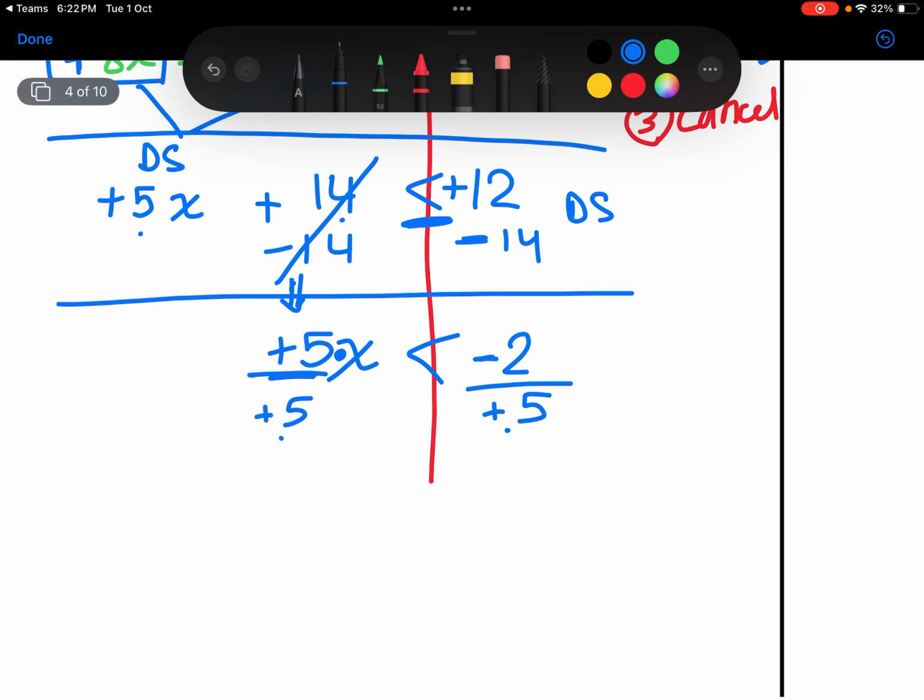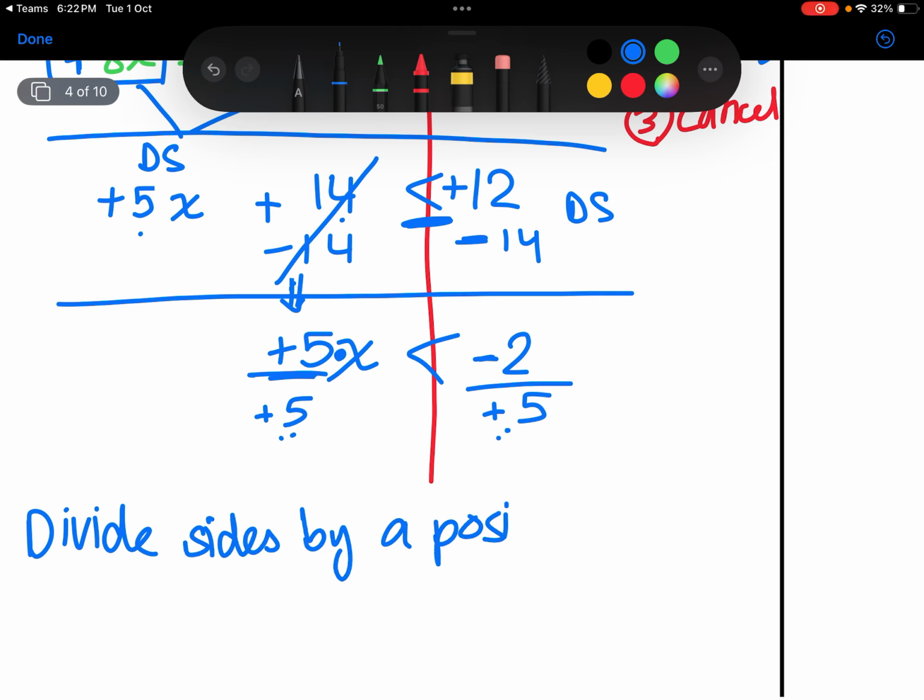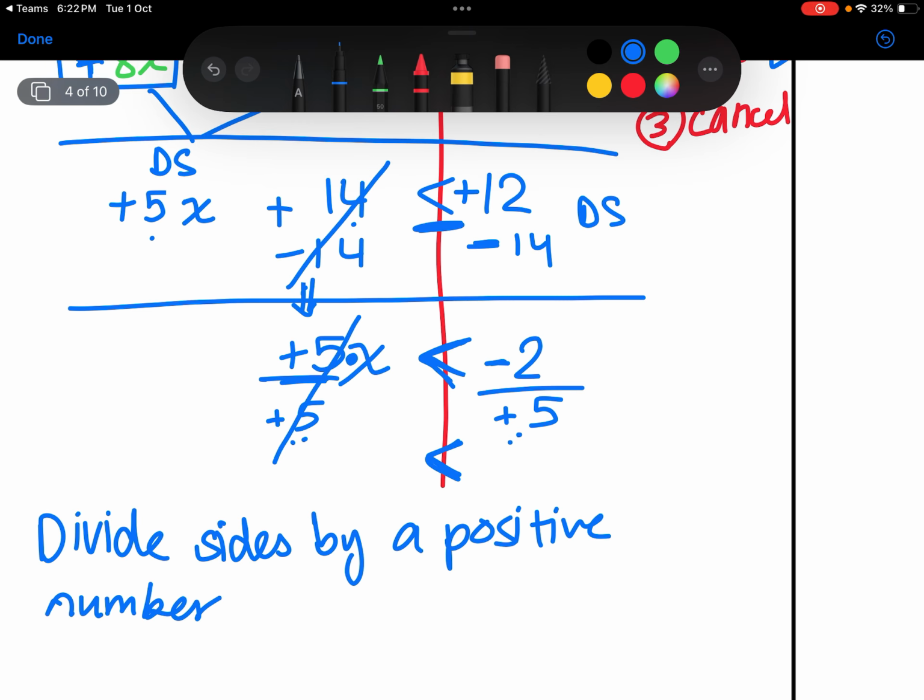Since I'm dividing both sides by a positive number, this inequality sign, don't flip it. Keep it as it is. Done. X alone is less than negative 2 over 5.